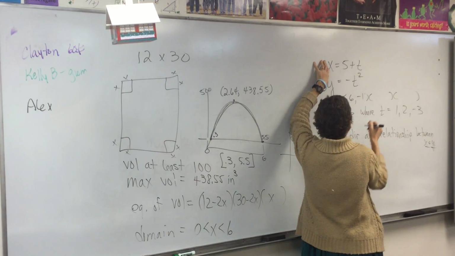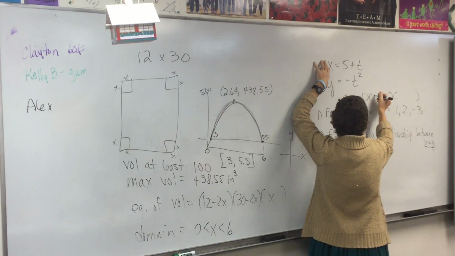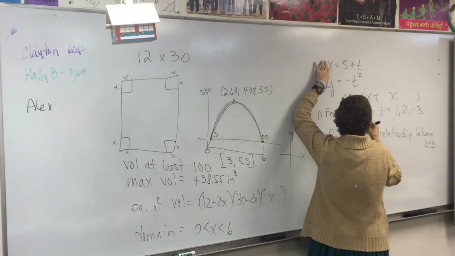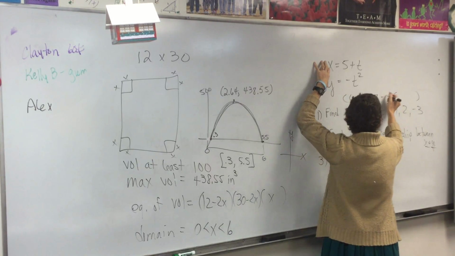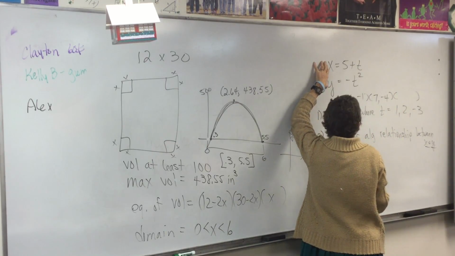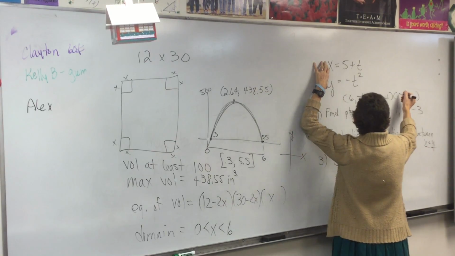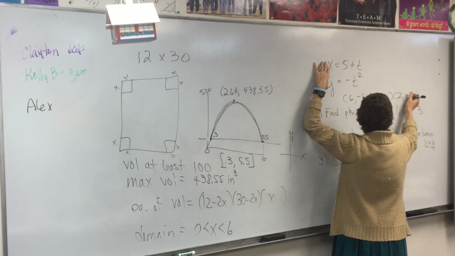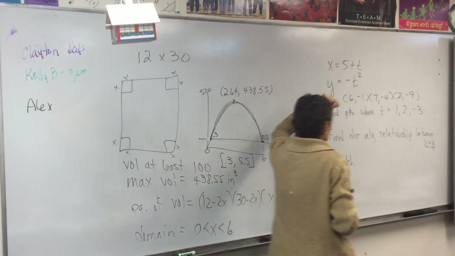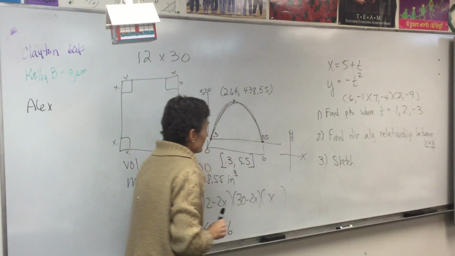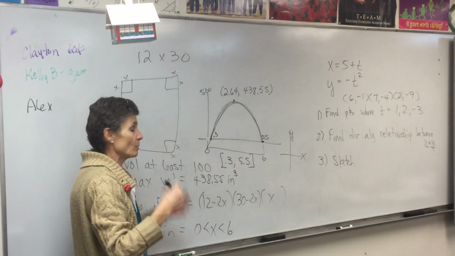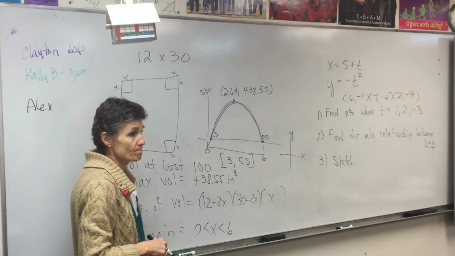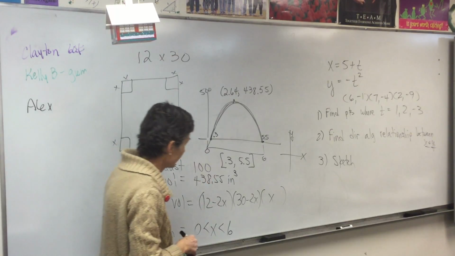What if t is 2? 7 and negative 4. And if t is negative 3? 2 and negative 9. There we go. So those are the points where t is those things. Could we find more points if we needed them? Yep, we can find as many points as we wanted.